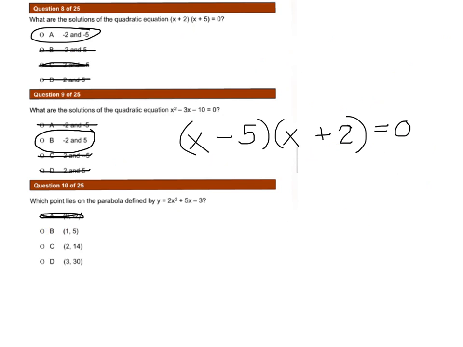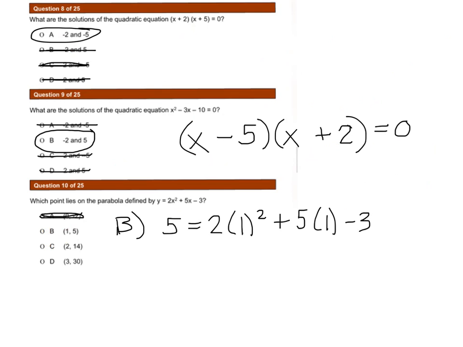So let's try letter B. Plugging 1 in for the x's and 5 in for the y. So letter B, 5 equals 2 times 1 squared plus 5 times 1 minus 3.